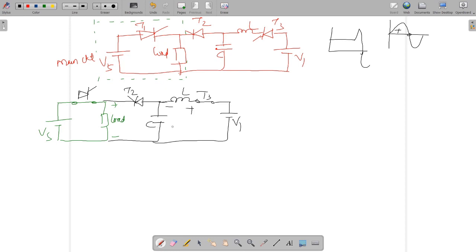Now these negative charges will be coming because of the electrostatic induction, so you will be having the positive charges here and the negative charges at the bottom plate. So now, up to what value will this capacitor voltage rise? Your capacitor will be charged to voltage V1.